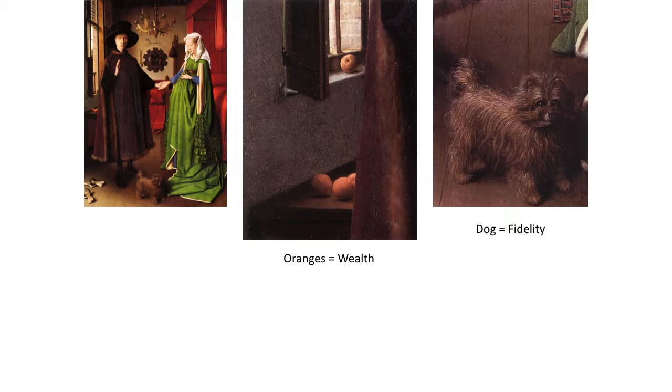So this scholar's theory was that the dog's presence, along with the female being pregnant and seemingly trying to hide her belly, is signaling that she was not loyal to her soon-to-be husband.